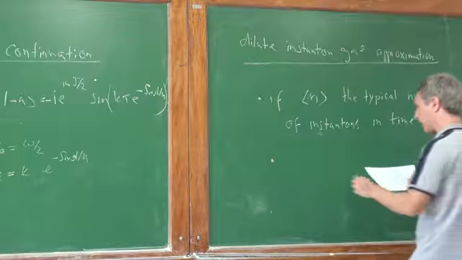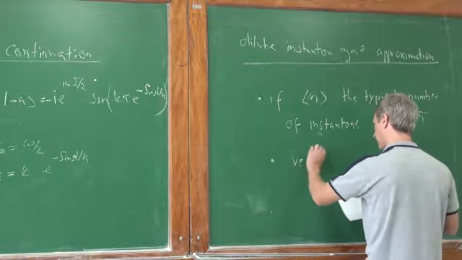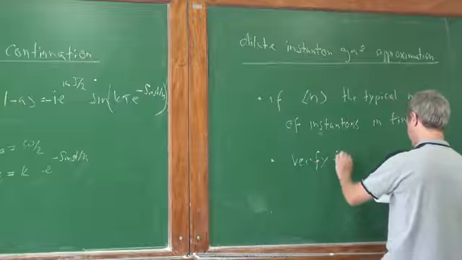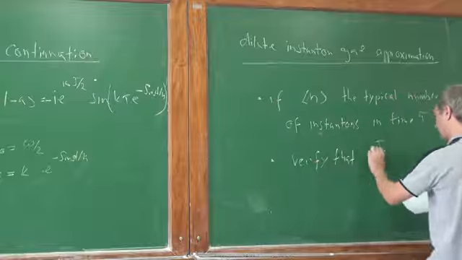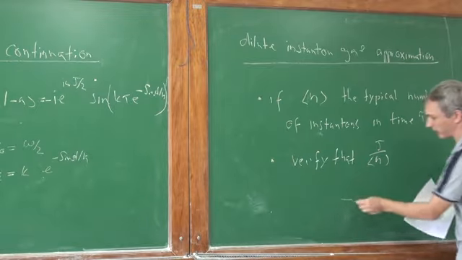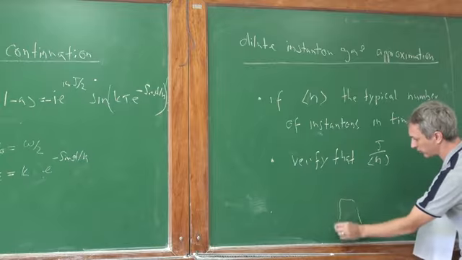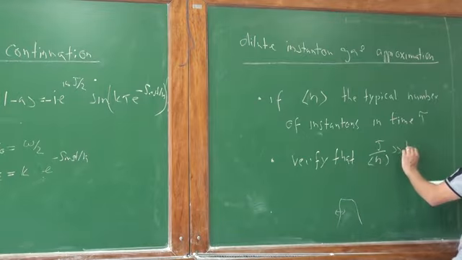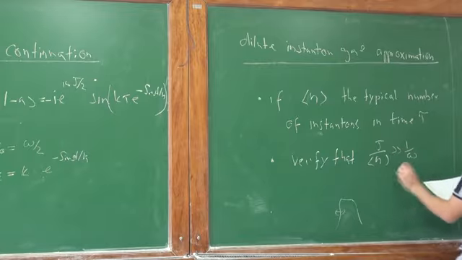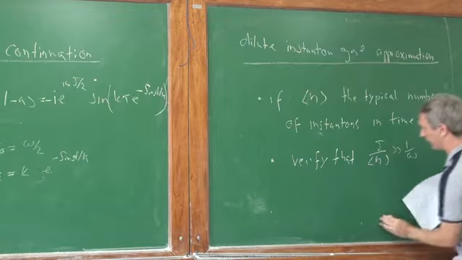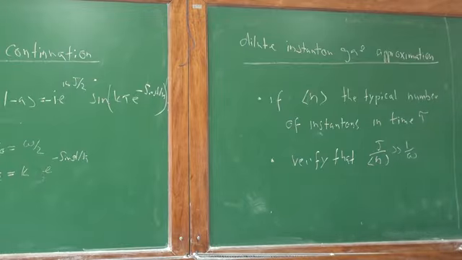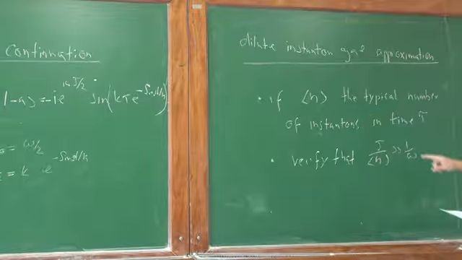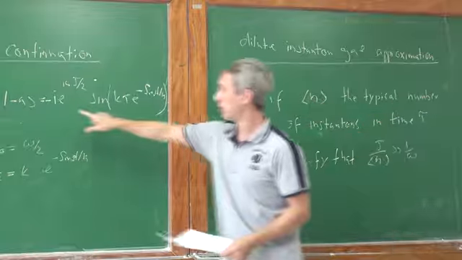So we should verify that. This would correspond to one of the plateaus, no? And these plateaus should be larger than 1 over omega. Okay, so we have to verify that this is given. What we need is the typical number of instantons that contribute to this expression.